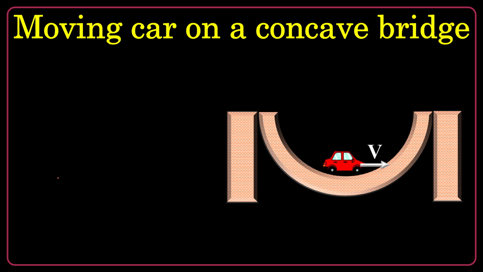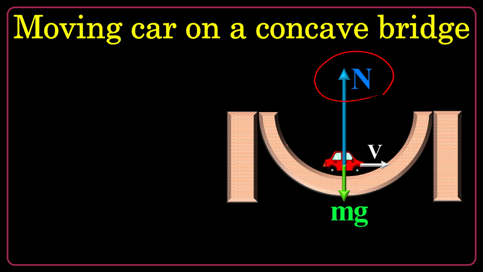The other case is when the car is moving on a concave bridge, instead of a convex one. It's of course very hypothetical. I told you the bridge is not going to be like this, but let's hypothesize that and learn it. What are the forces acting on this car, ignoring friction? Again mg and n. But here the normal force is larger. Why? Because the center of the circle is here and the car is at the bottom part.